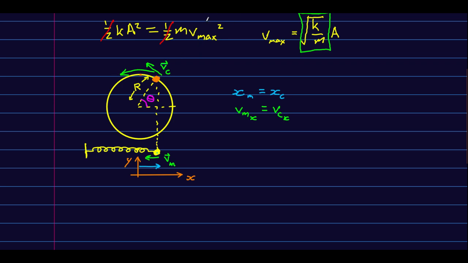So at that instant, the speed of the mass on the spring is the same as the speed of the thing going in the circle, because their velocity vectors are parallel, and we know they also have the same x components.